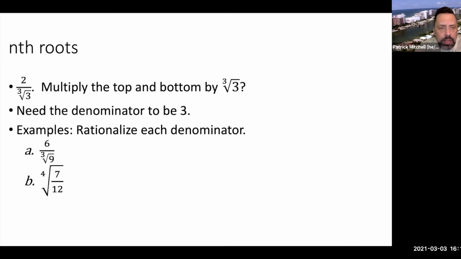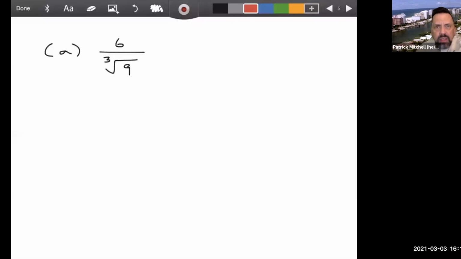Here are the examples we're going to look at. I will take these nice and slow. Rationalizing denominators with nth roots, I think, is a little trickier. It takes a little more getting used to than square roots. Square roots are really, really easy.